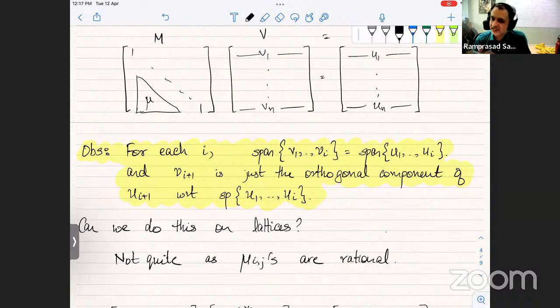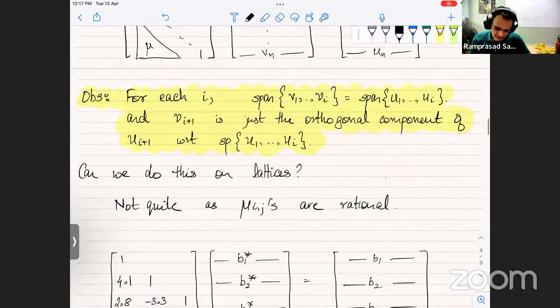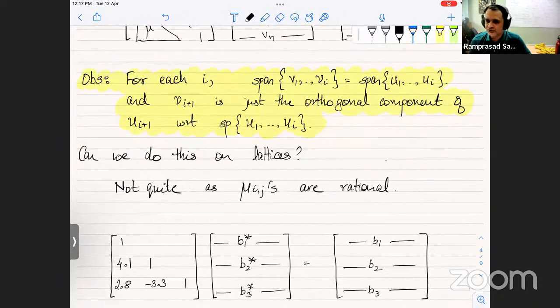And as I just mentioned, there are examples where you may never be able to do this completely. But what we are going to try to do is get as close to this as possible. Let's make it as close to integers as possible, and hope that this gives us some information.